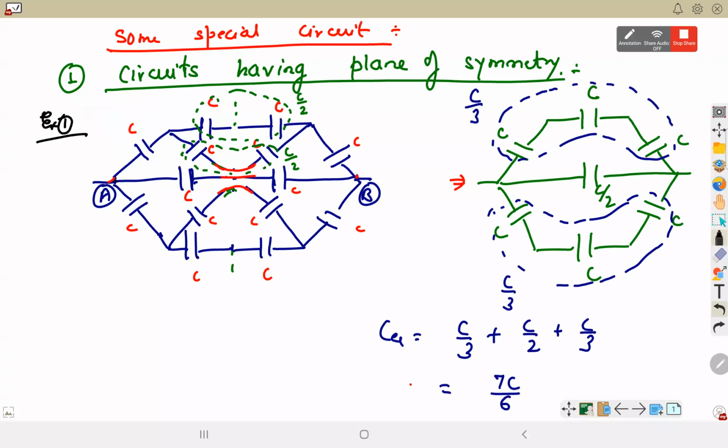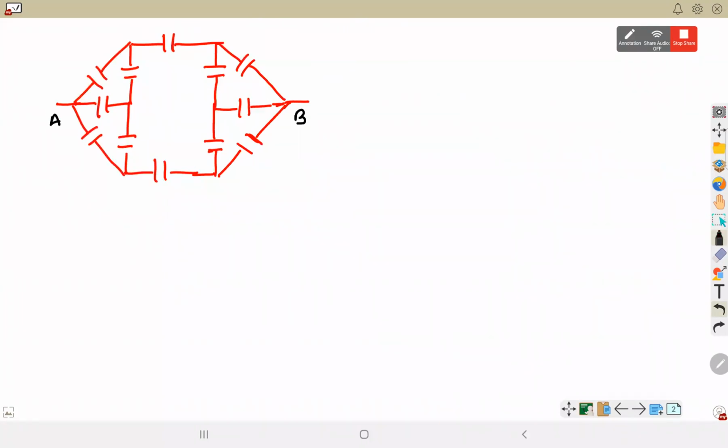This was the concept we did last class. कि सर्किट में अगर मिड पॉइंट से पास होने वाली परपेंडिकुलर सिमेट्री है, उसके ऊपर के कैपेसिटर को हम हटा सकते हैं, उसके ऊपर के जंक्शन को हम ओपन करके साइड में डिस्प्लेस कर देते हैं. Yes, each capacitance is C. Calculate the value of equivalent capacitance between A and B.